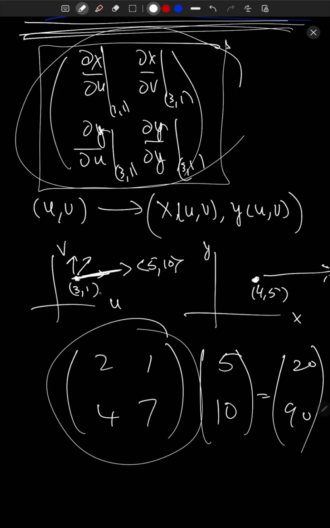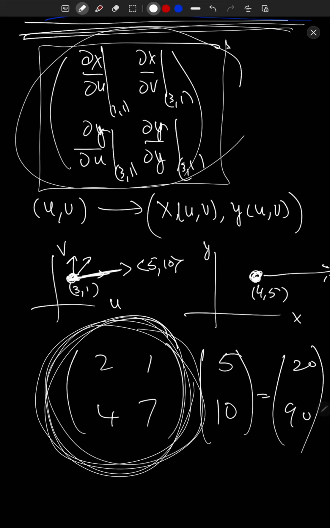This linear mapping from vectors at (3, 1) to vectors at (4, 5), that's an important quantity. All right. That essentially is a linear approximation of your entire mapping. This guy here, in a way, represents the linear approximation of your entire mapping.